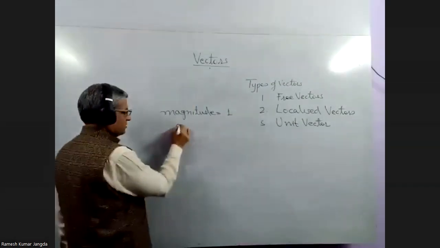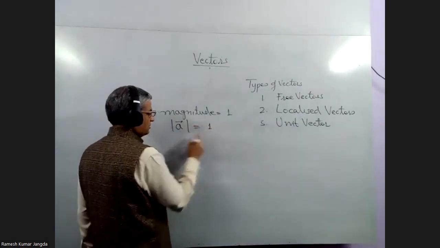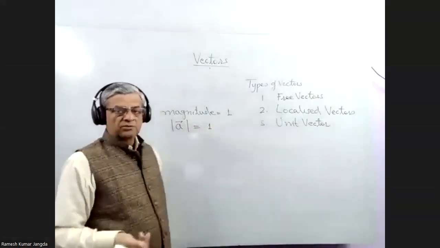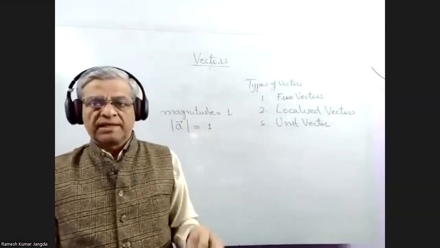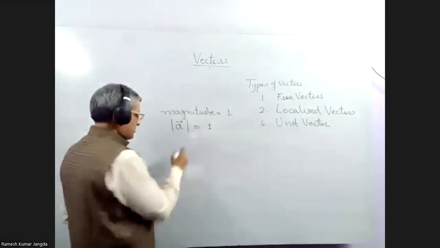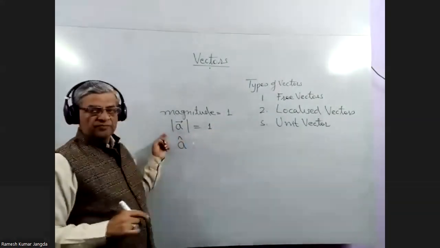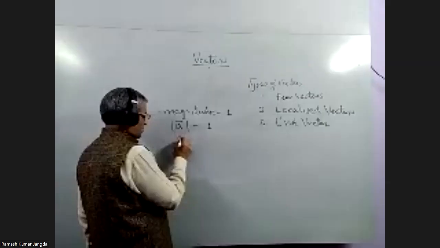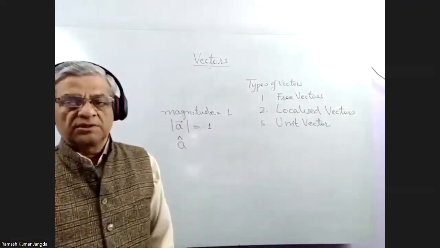So if I say that this is a vector whose magnitude is 1, then this vector A is a unit vector. And for unit vectors, we have a special representation. We mark it by a cap. So A cap means it's a unit vector. So a cap is the representation for a unit vector.